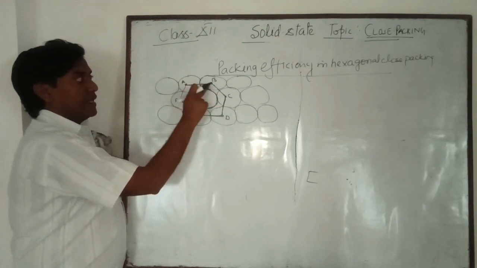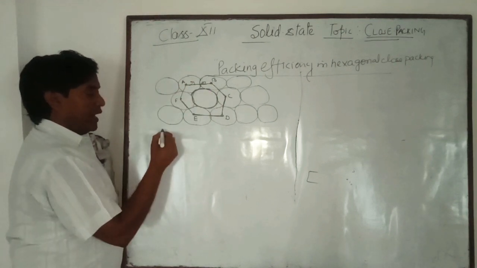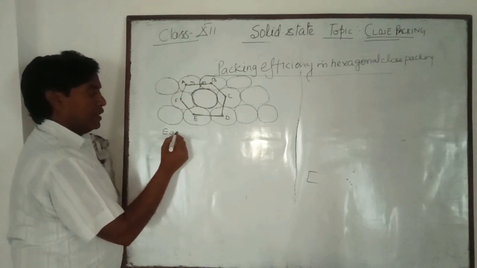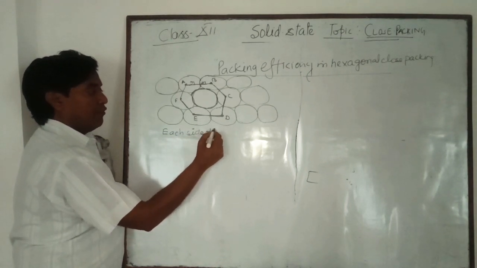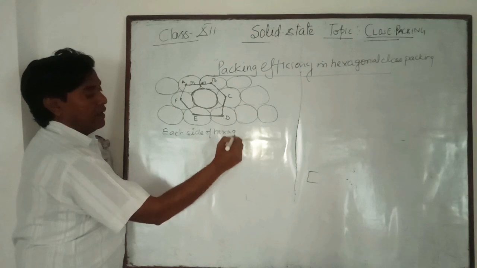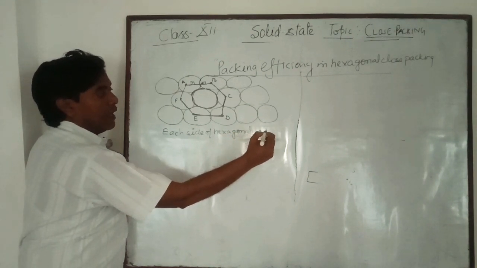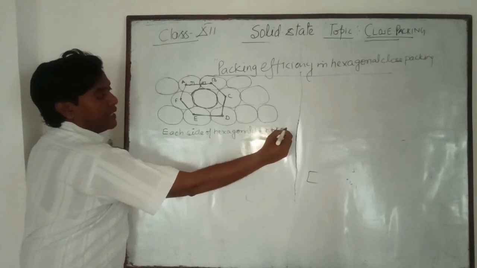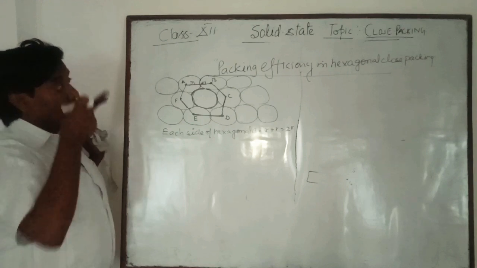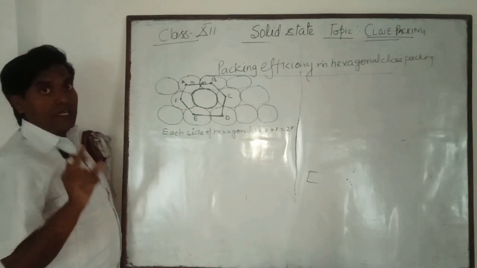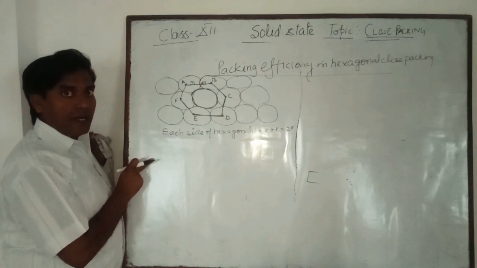This is a radius and this is also a radius. That is, each side of the hexagon is R plus R, that is 2R. So for finding the packing efficiency, first of all we require the area of the hexagon.